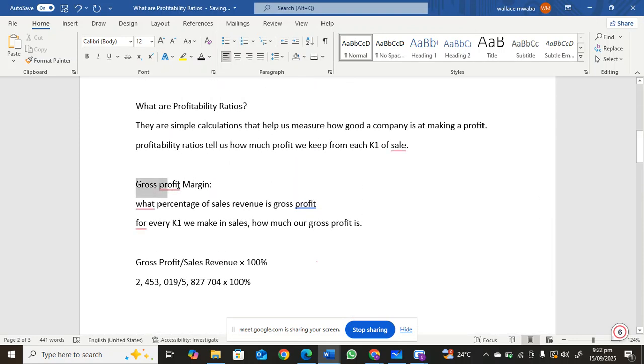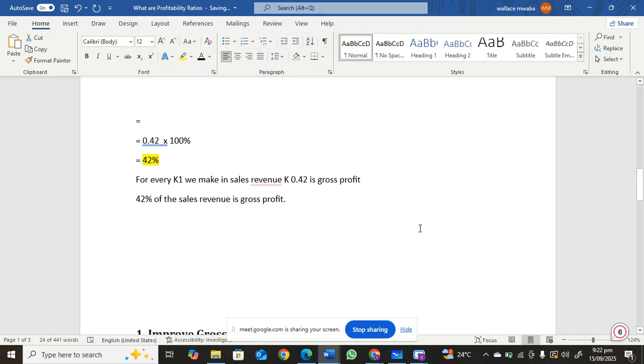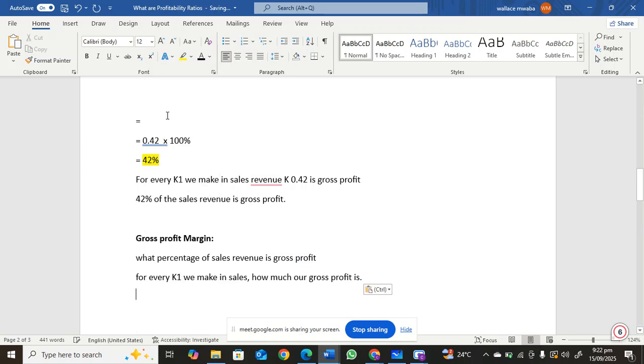The next profitability ratio is our operating profit margin. Operating profit is the profit a company remains with after it removes its operational expenses. Gross profit is the profit after you deduct the cost of goods that are sold. Then operating profit is after you deduct the operational expenses of the business.